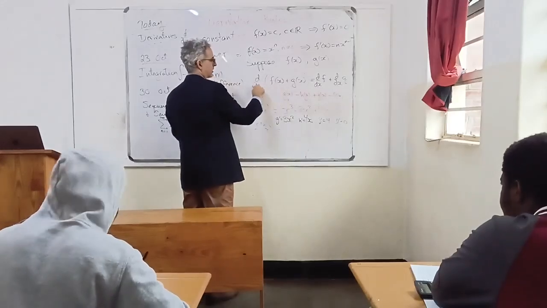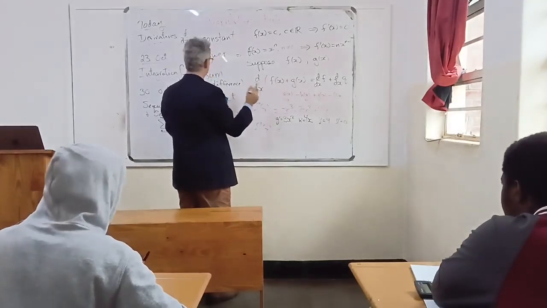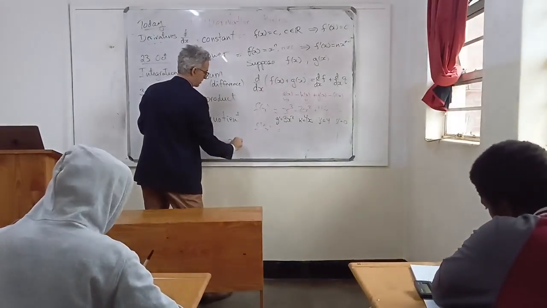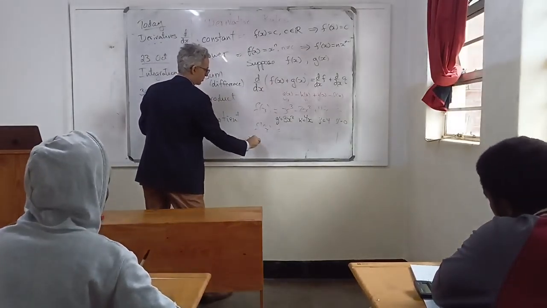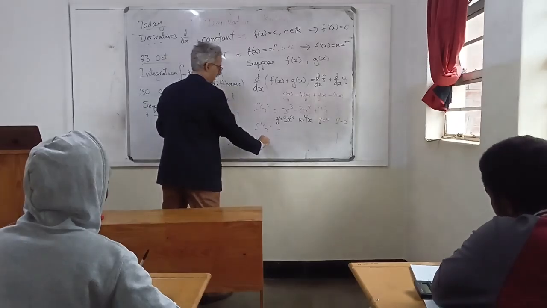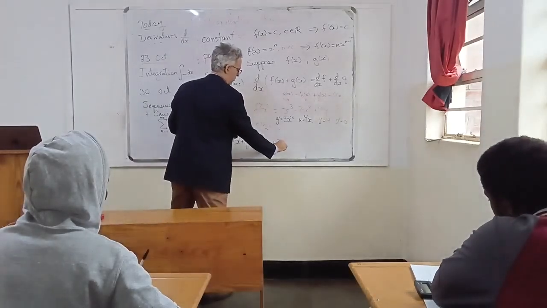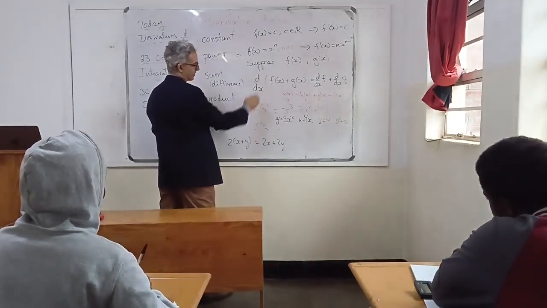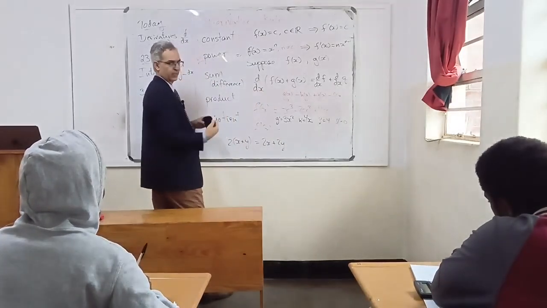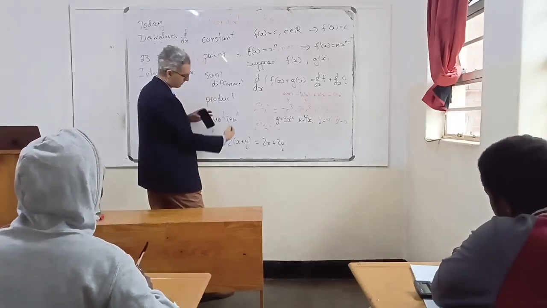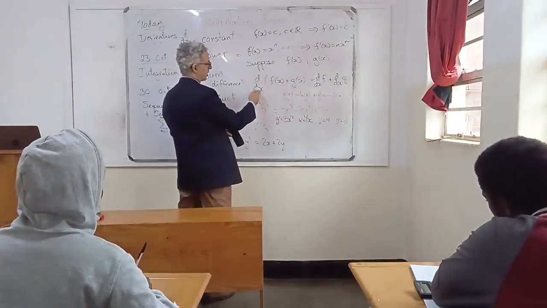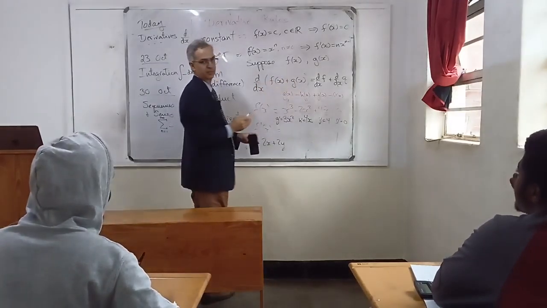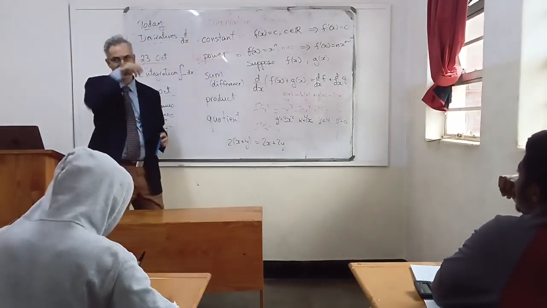Think of it like when you have 2 times x plus y, what do you say? 2x plus 2y, right? Now, d by dx is not a number, it's an operator, but kind of in the same way, the operator applies to this and the operator applies to that. And that's all.